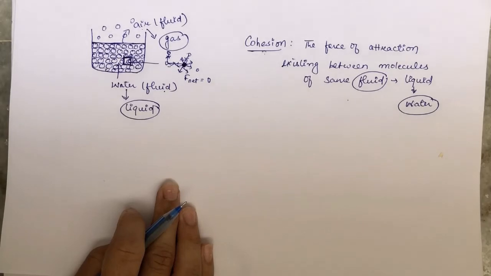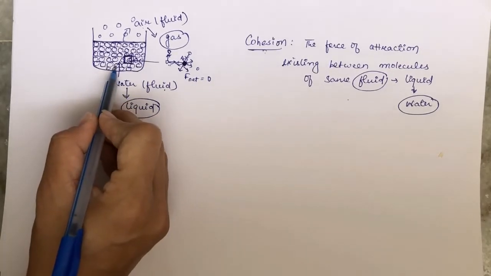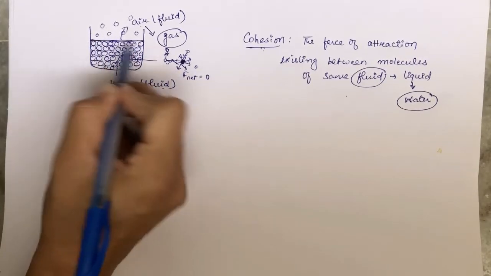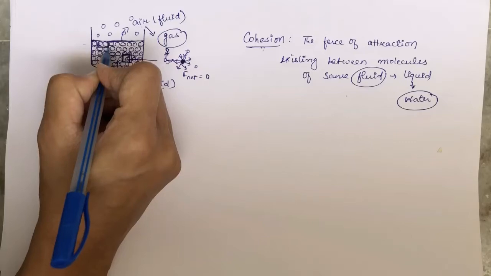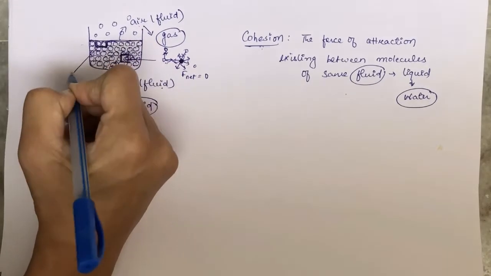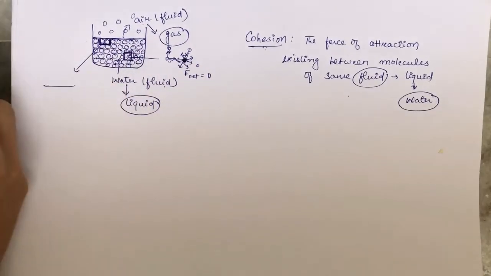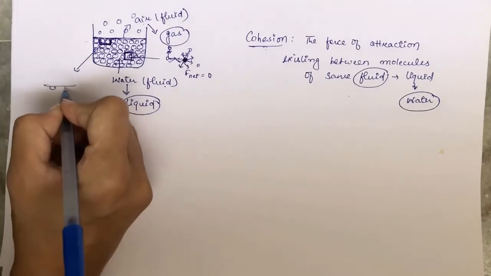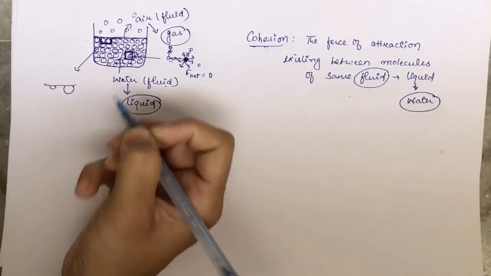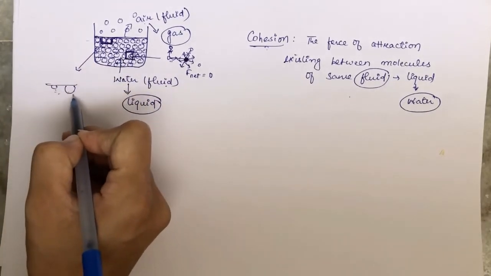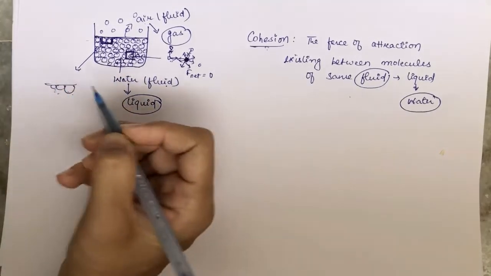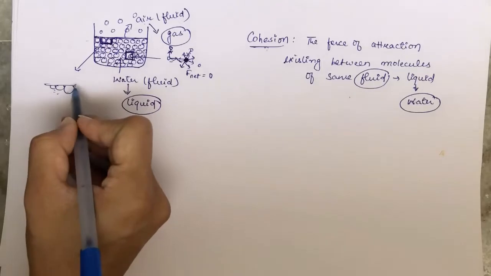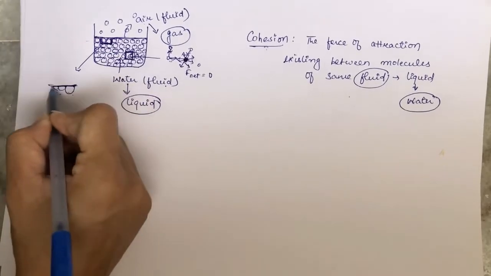Now let's talk about the molecules of the liquid water which are present at the surface of the liquid. Here again I am zooming into some portion over here. This is one molecule and this is another molecule. So these are two water molecules. I'll draw one more molecule over here. These are the water molecules which are present at the surface of the liquid.